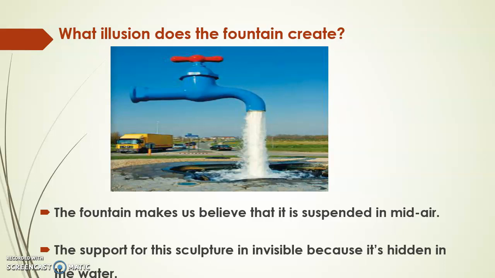Now there is another case. Sometimes things are invisible. Like the sculpture hiding under the water here, holding this fountain. Please share with me things of optical illusions or invisible stuff that you have encountered before.